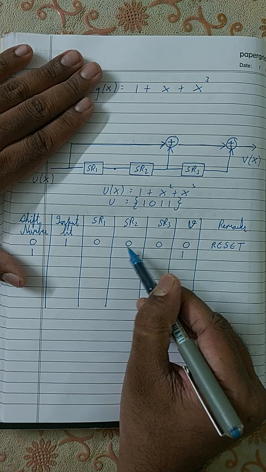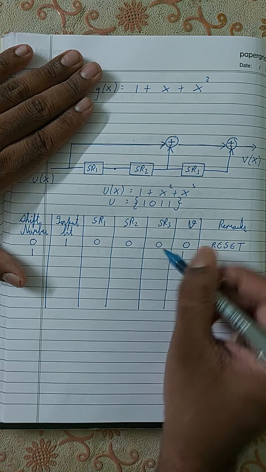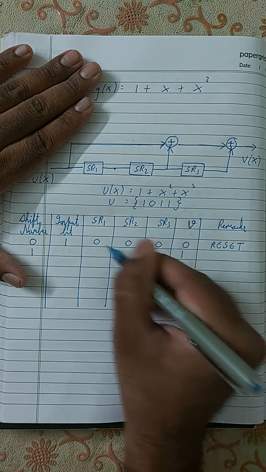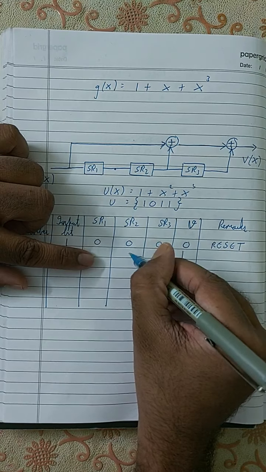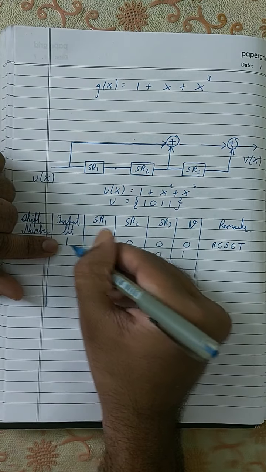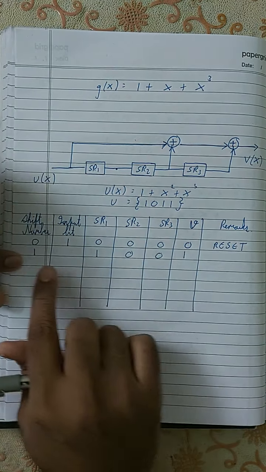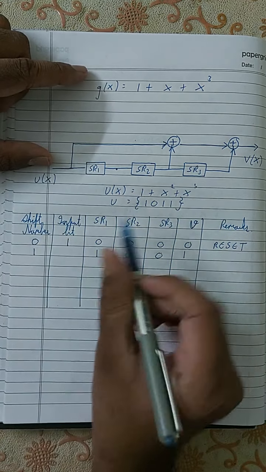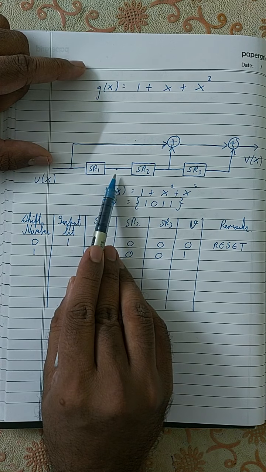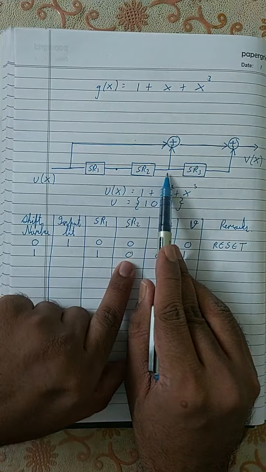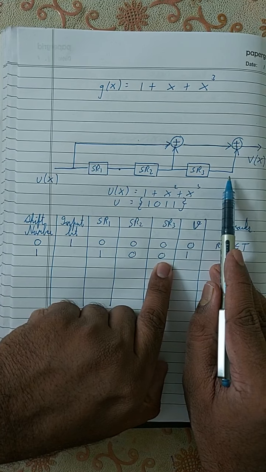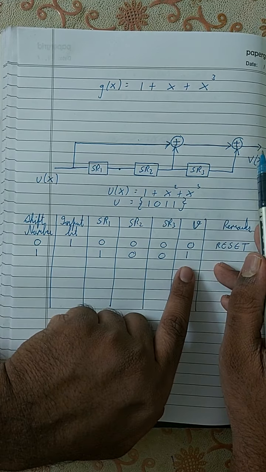This 0 will be discarded, this 0 will be shifted over here, this 0 will be shifted to the next shift register, and this 1 will be shifted over here, which means in the next clock cycle the value over here is 1, the value over here is 0, and the value over here is 0, and the value over here is 1.